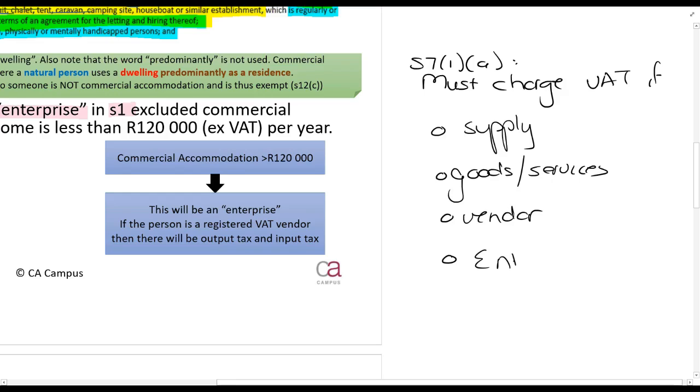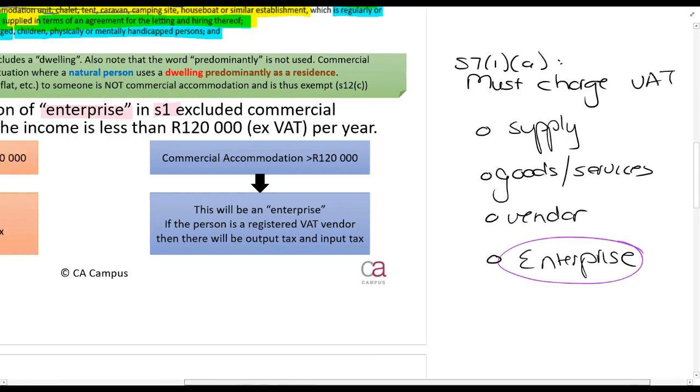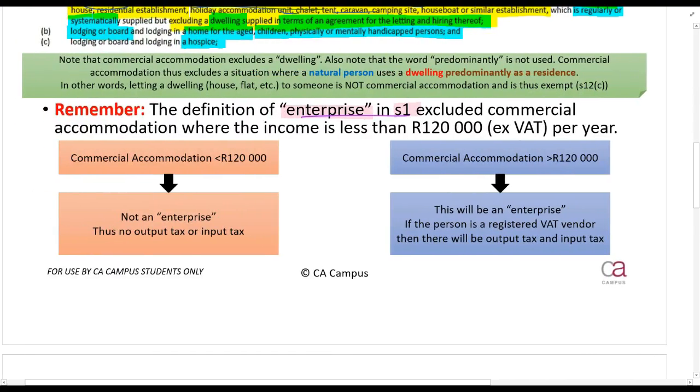This is obviously all just a quick little revision for you guys. Remember, very important. So, there must be an enterprise. Now, in the definition of an enterprise in section 1, they tell you commercial accommodation is not an enterprise if it is less than 120,000 rands per year.